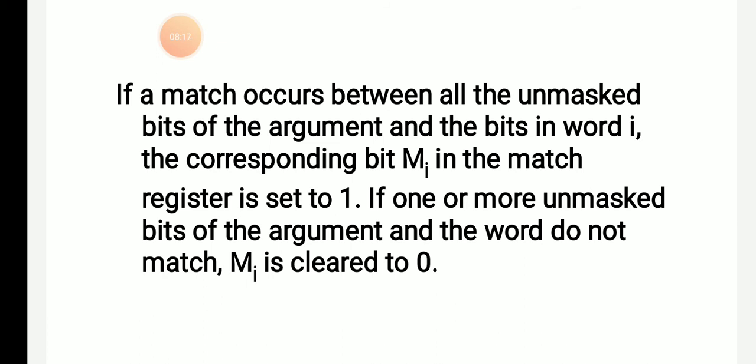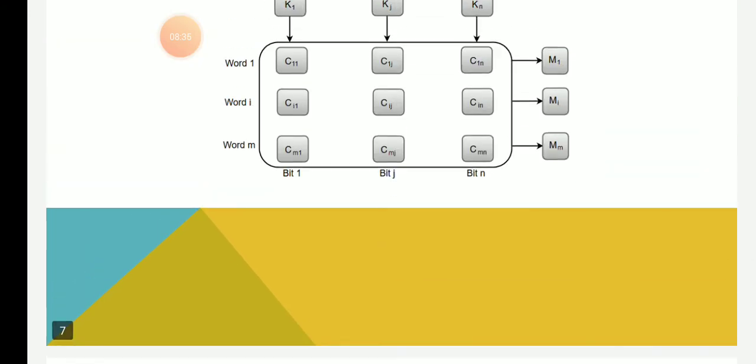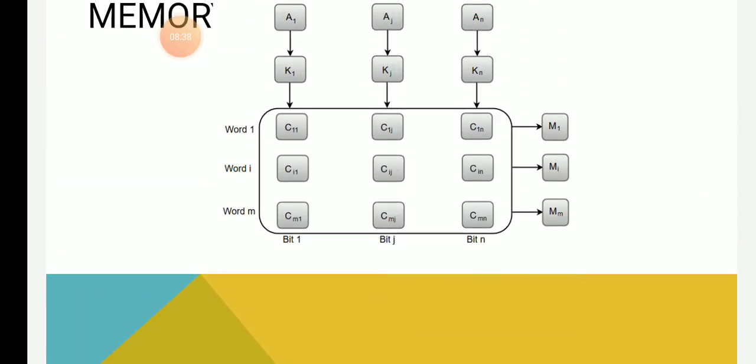If one or more unmasked bits of the argument and the word do not match, Mi is cleared to 0. So you have to clear that Mi to 0. So that is the word M, and that is the Mi.